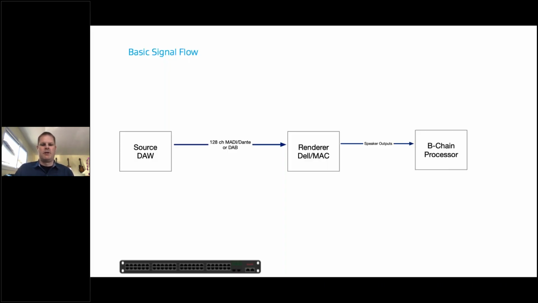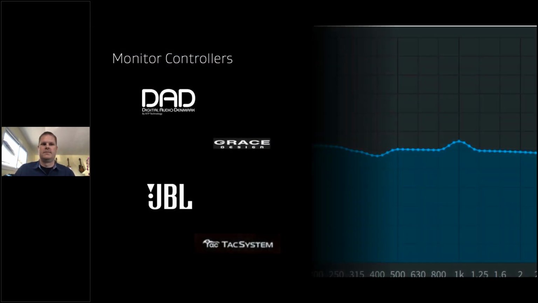So once you've got your speaker outputs into your B chain, you're going to need a monitor controller. You're probably dealing with more speakers in that environment than you have previously. So again, there are a wide range of support on the market from, again, a lot of similar folks. So DAD, Grace Designs, JBL with their Intonato, one of the early adopters of Atmos workflows, and TAC Systems.